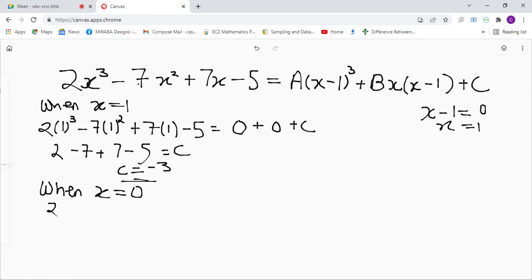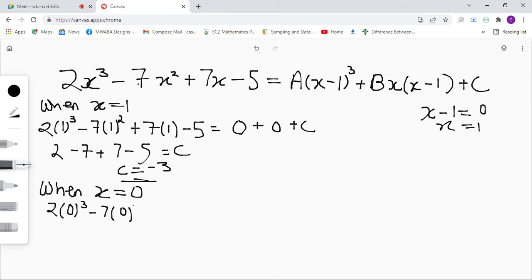So we're going to have 2 times 0 to the power 3, minus 7 times 0 squared, plus 7 times 0, minus 5.